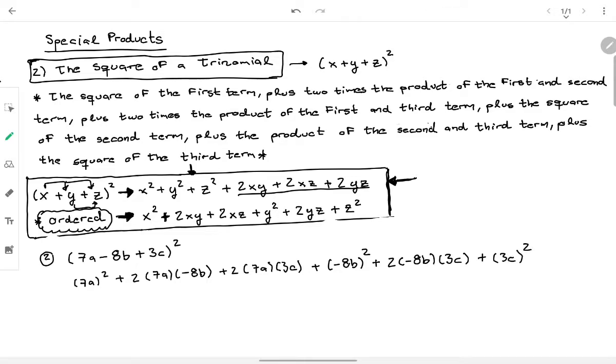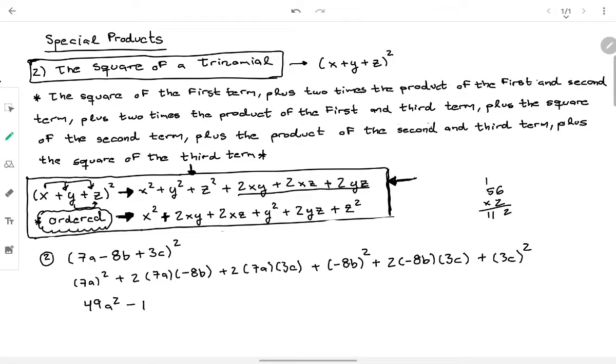So the final answer is going to be 49a squared plus, it will be 8 times 7. It will be minus because it will be plus multiplied by minus. Then it's going to be 8 by 7, it's 56 times 2.